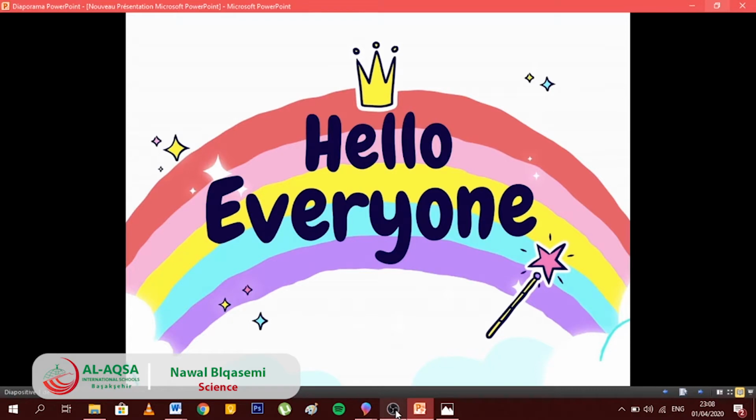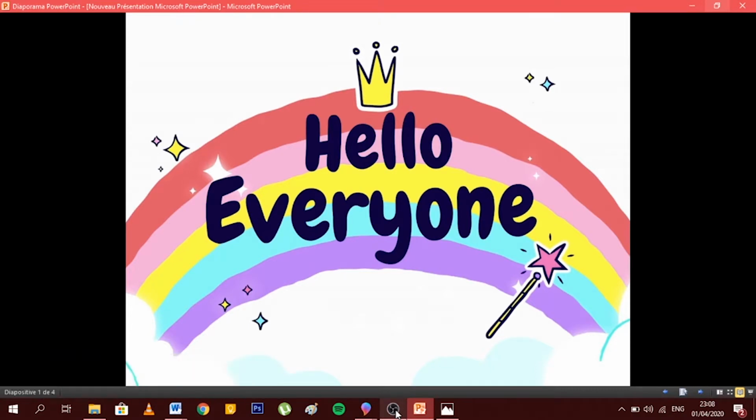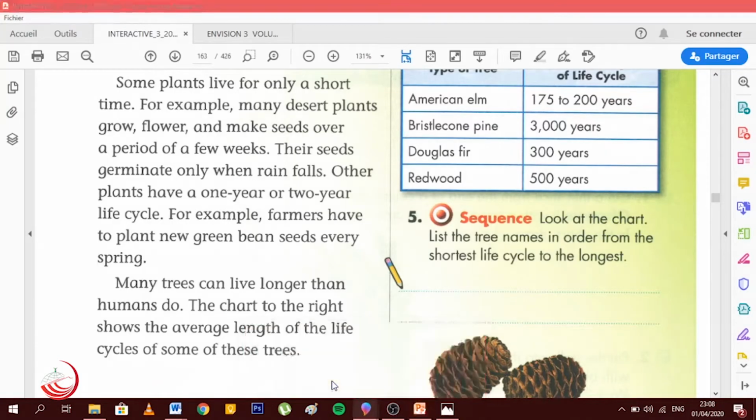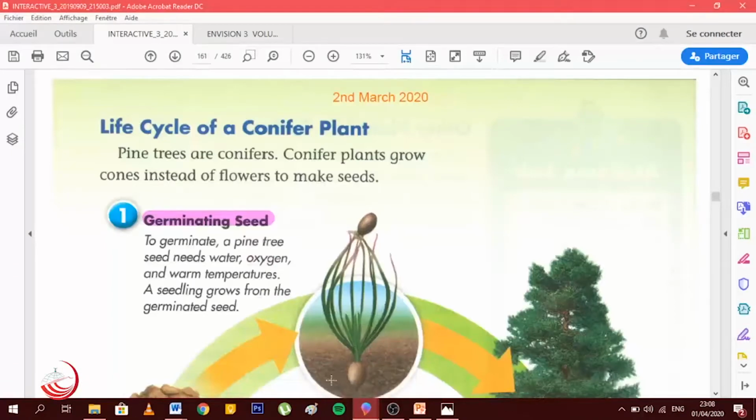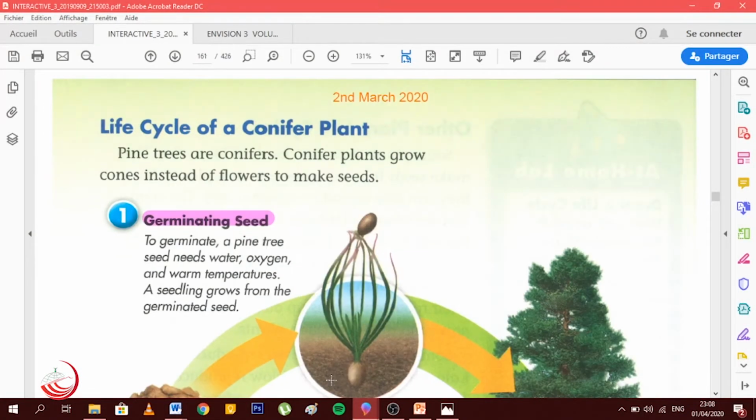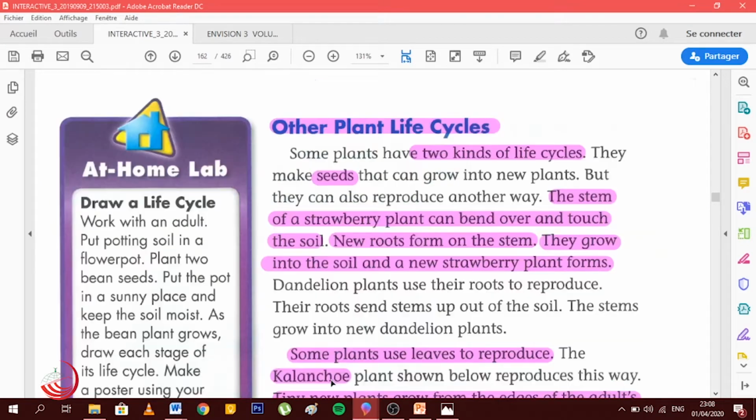Welcome back to another science lesson, and today we're going to finish our learning about life cycles. We've already seen the life cycle of flowering plants, the life cycle of conifer plants, and we've also seen how some plants are reproduced in other ways apart from the seeds themselves.